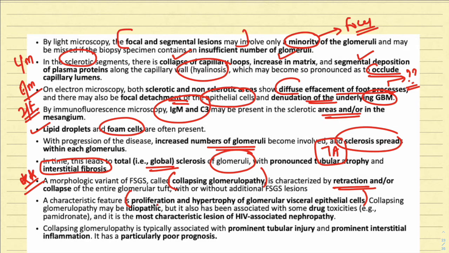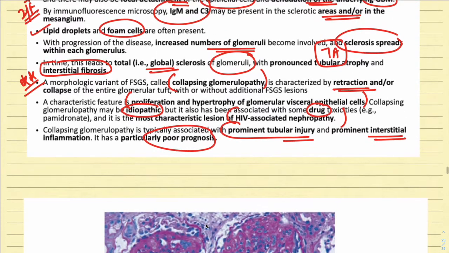Again, this can either be idiopathic or secondary to certain drugs or diseases. Most characteristic lesion is secondary to HIV associated nephropathy. Collapsing glomerulopathy is typically associated with prominent tubular atrophy, prominent interstitial inflammation, and has a very bad prognosis. So just remember this part about collapsing.